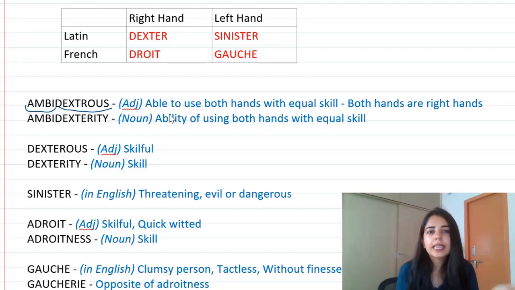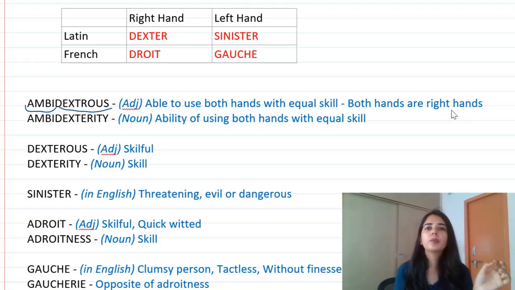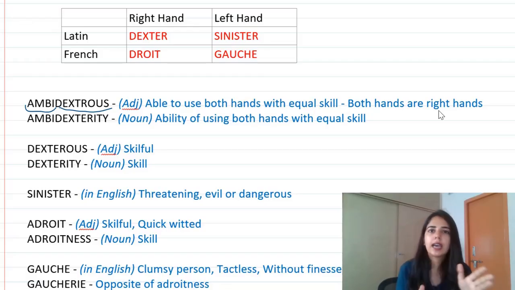So someone who is able to use both hands with equal skill. Basically, if I am able to write with both hands equally well, and eat with both hands, both of my hands are of equal skill. I have trained my left hand or my right hand to be as skillful as my primary hand. So both hands have become primary hands. So that person is known as ambidextrous.